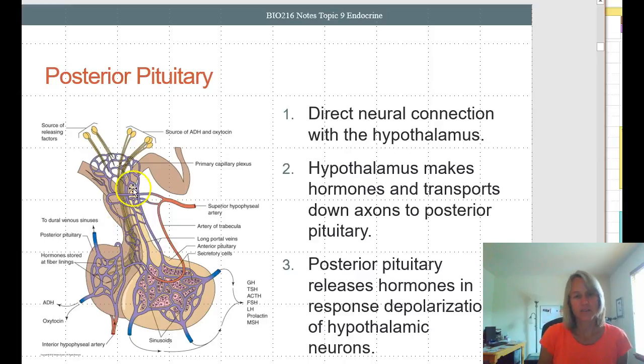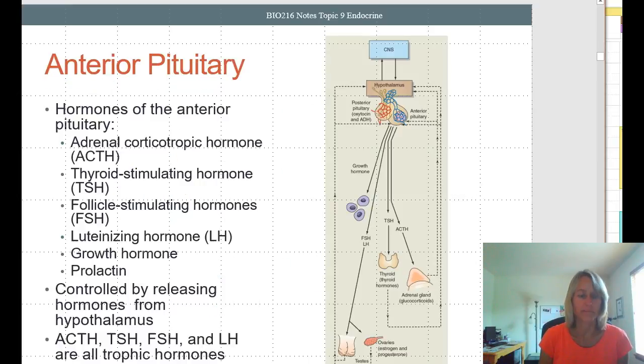Now there is not a direct neural connection here. Instead, there's this portal system where hormones are released into the capillaries of the hypothalamus and travel via this portal system directly to the anterior pituitary, causing the release of, or inhibiting the release of, hormones from the anterior pituitary.